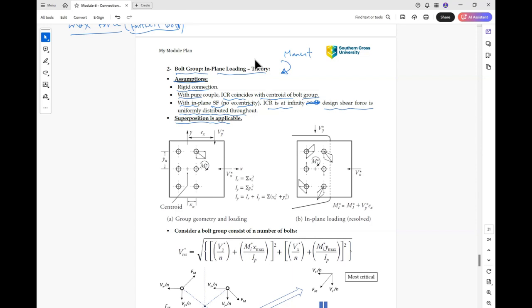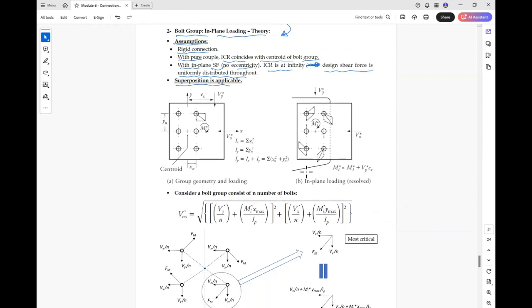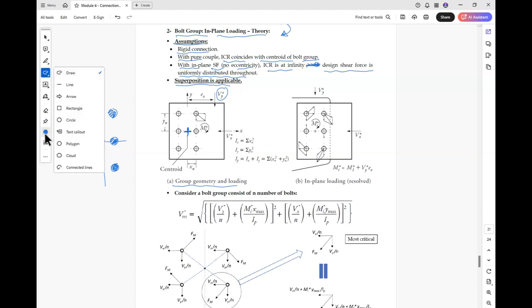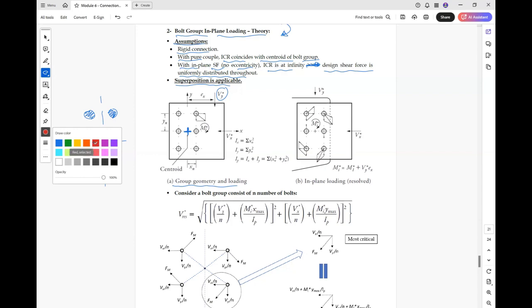So let's look at the example here to the left, group geometry and loading. We have a force here with eccentricity, and a centroid of the bolt group. If you have this 6 bolt group, the centroid would be somewhere here. So this is our centroid and these are our bolts. If you need to design this bolt group, we have a force here.